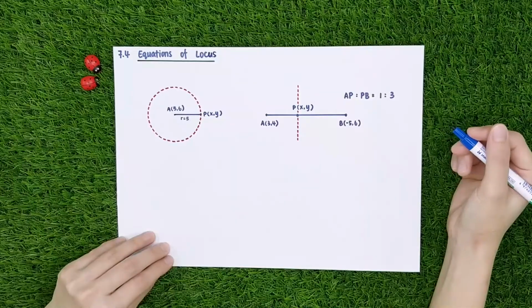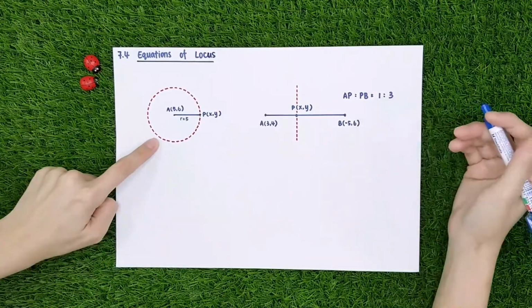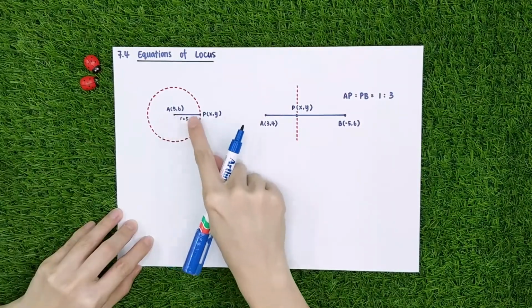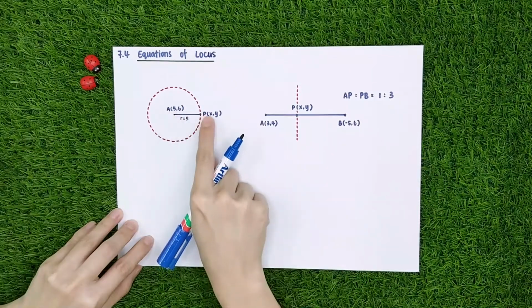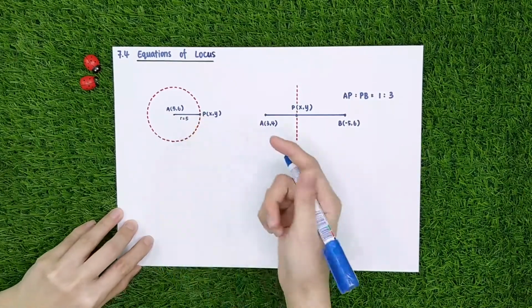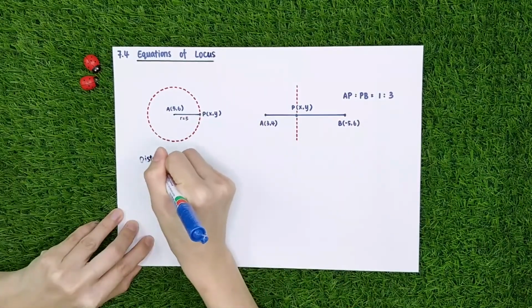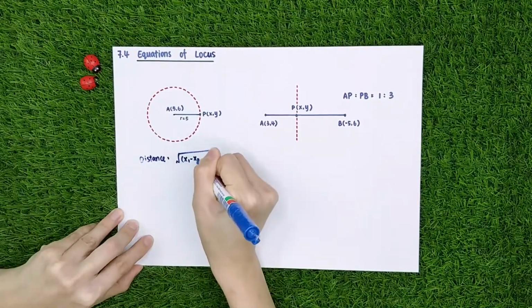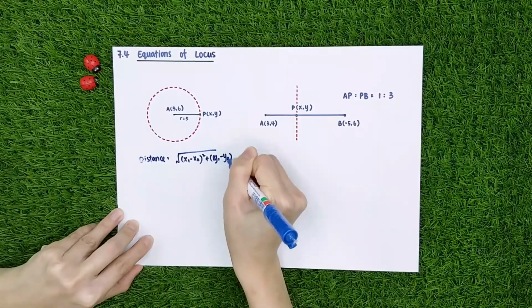This is the last subtopic of this chapter, 7.4 Equations of Locus. In this subtopic, you have to know these two types of locus. For the part 1, if I tell you this is coordinate A and this is coordinate P, the distance between A and P is 5. If we use the distance formula, the distance between 2 points equals the square root of (x1 minus x2) squared plus (y1 minus y2) squared.